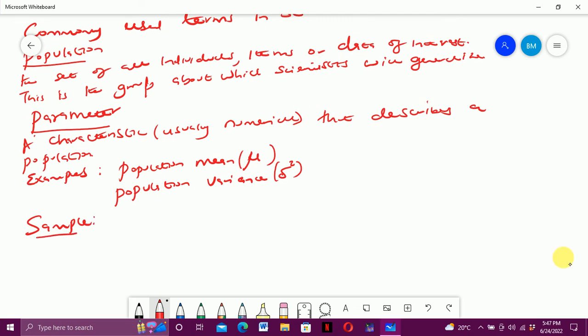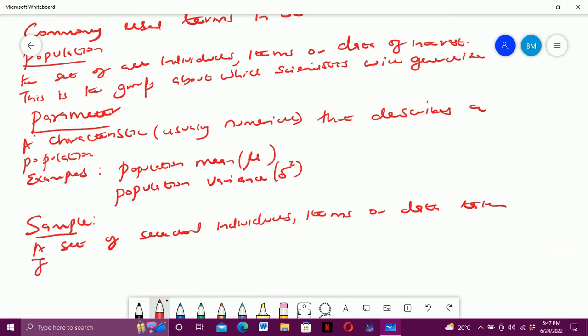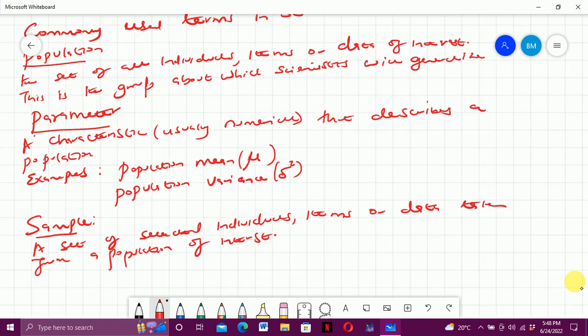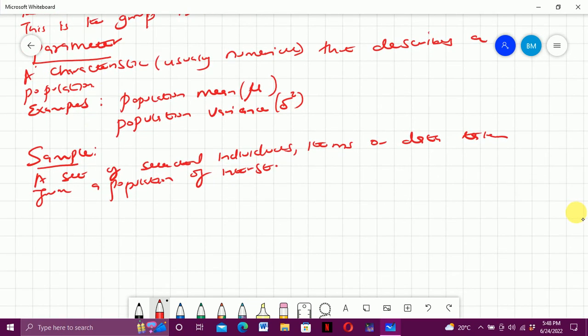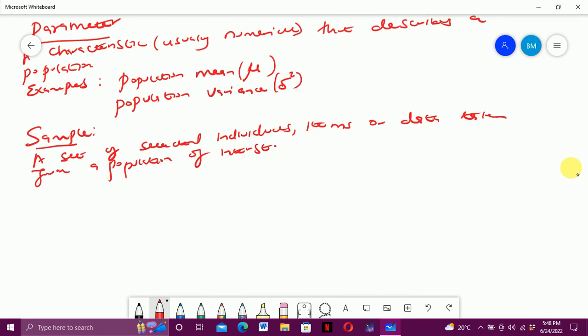A sample is a set of selected individuals, items, or data taken from a population of interest.